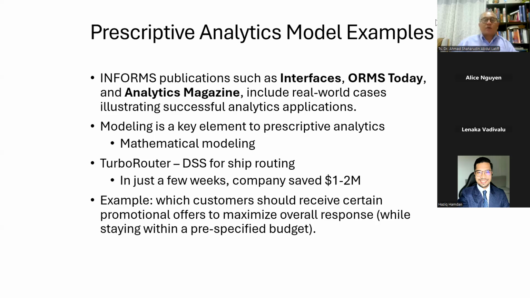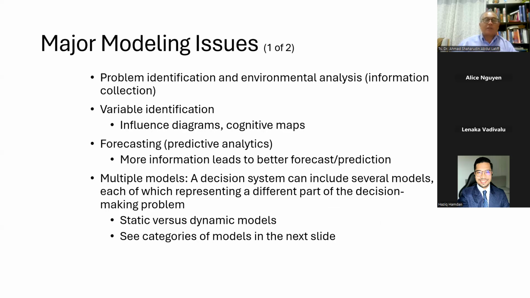So according to this, modeling is the key element to prescriptive analytics. We involve mathematical modeling. The major modeling issues are about problem identification. Once you have these models, you need to identify the problem and do environmental analysis, and then you need to identify the variables.